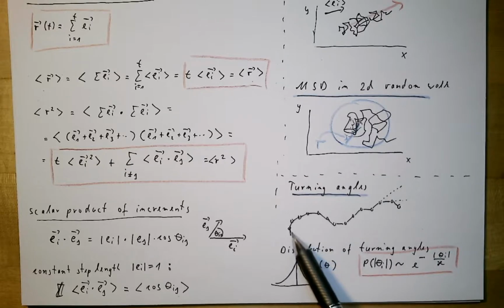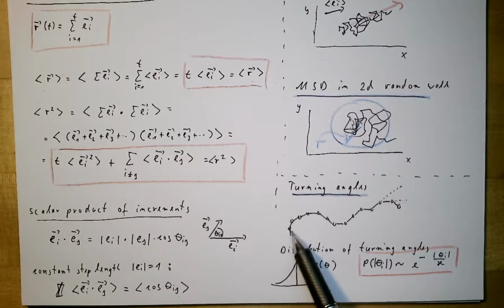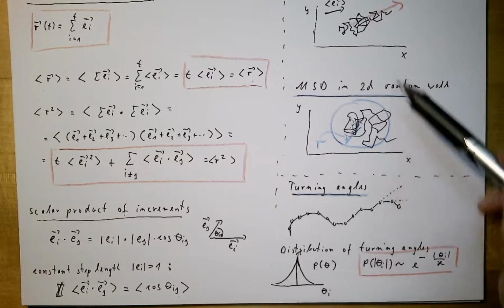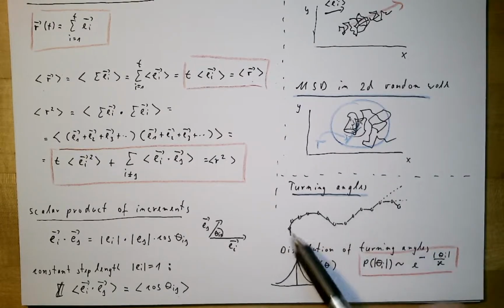Does this animal in this motion have a typical direction? Is this a migrating bird which wants to go north in summer? How straight is the line? Is it more wiggling, so it has a broad distribution? Is it more smooth?